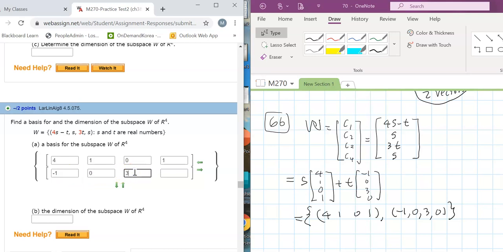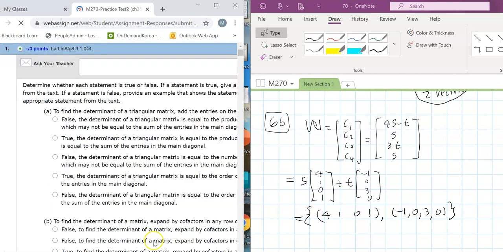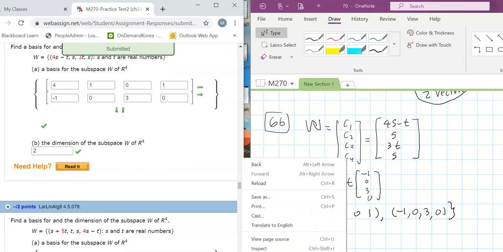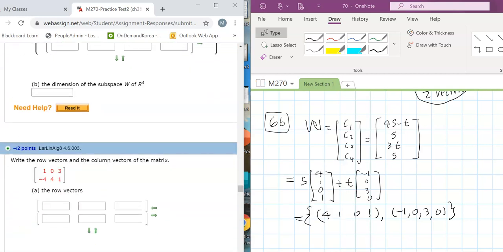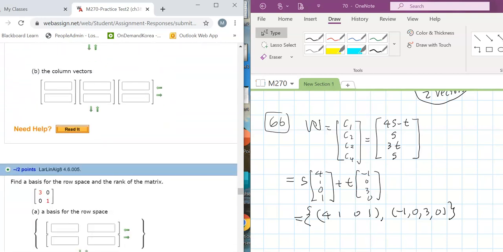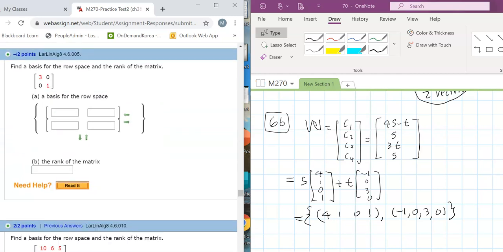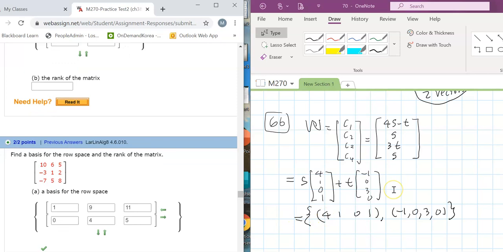And the dimension is 2, obviously. So 2 vectors generate everything. Isn't this like a piece of cake, you guys? Now row vectors, we already know how to do it. Column vectors, you just write the basis for the row space. Okay, I did it. This is it.